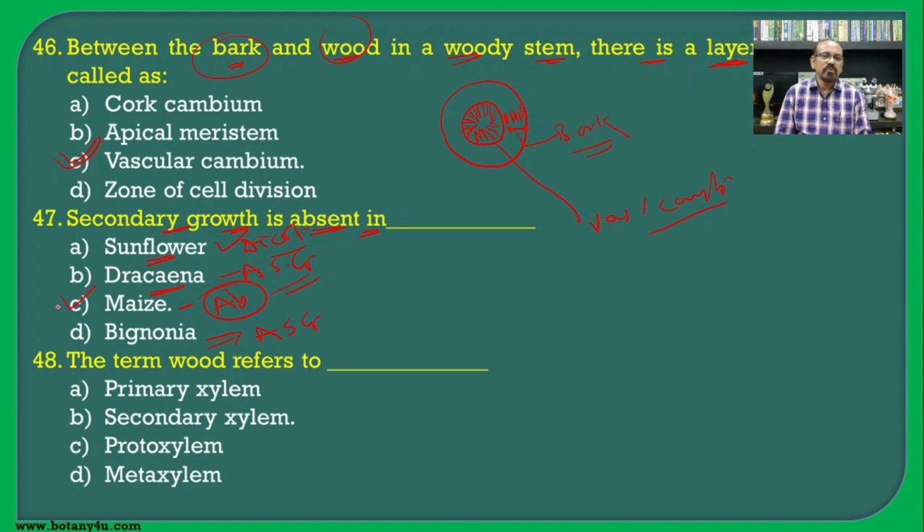So absence of secondary growth is in maize, and hence it is the answer. The term wood refers to, as we have seen last time, the sapwood and the heartwood, both examples of secondary xylem. Hence wood is nothing but the secondary xylem, which is formed by the activity of the vascular cambium, and hence it becomes the answer for this question.